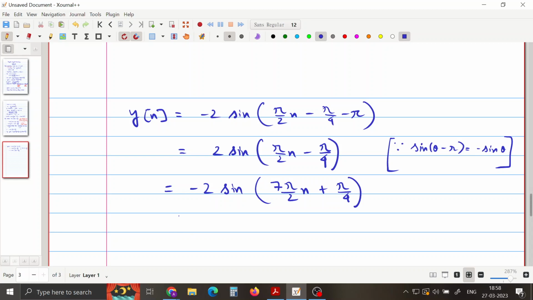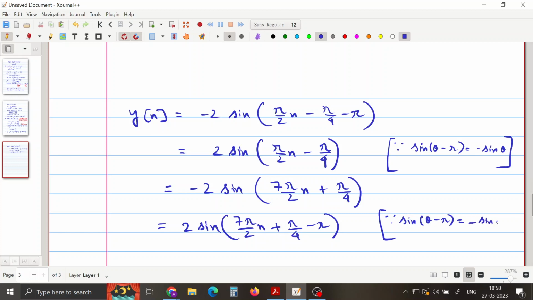And again, if I want to get rid of this negative sign in front, what I can do is again subtract pi, using that sine theta minus pi equals minus sine theta.